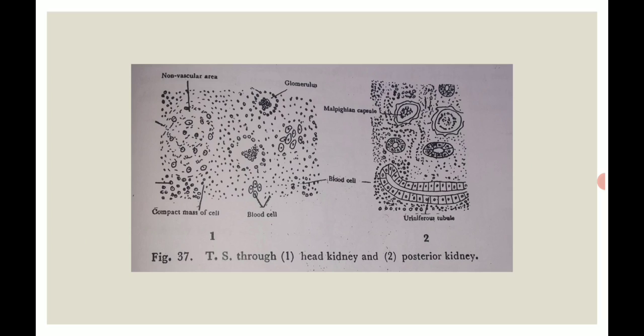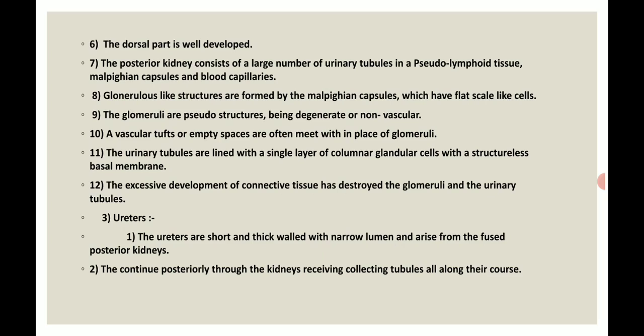In the posterior kidney Malpighian capsules are present, and in the head kidney glomerular cells are present. In the posterior kidney there is a urinoferous tubule-like structure. Now the dorsal part will be well developed.